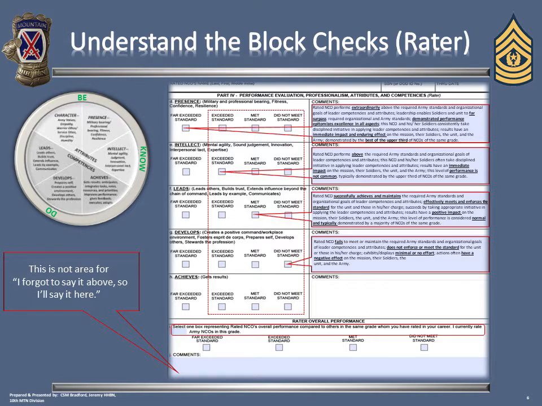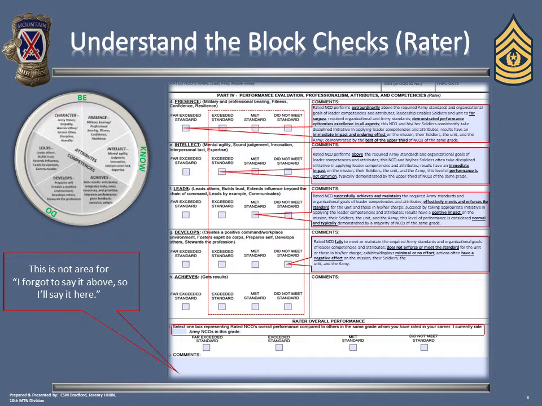That bottom block, the J comments, is not an area for, hey, I forgot to say something above and I want to say it down below. This block is exclusive to talking about the NCO's overall performance and comparing them to other non-commissioned officers that you've had throughout your career.